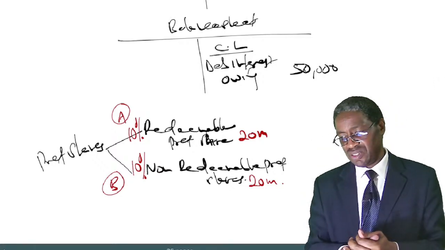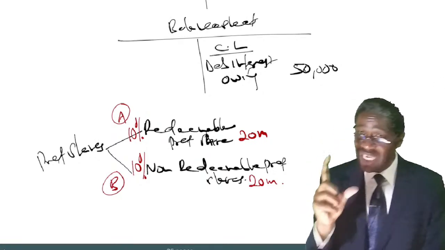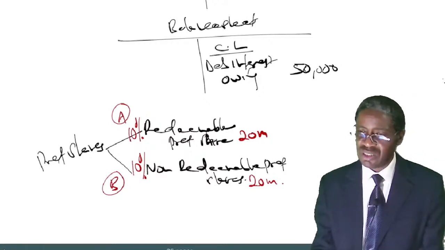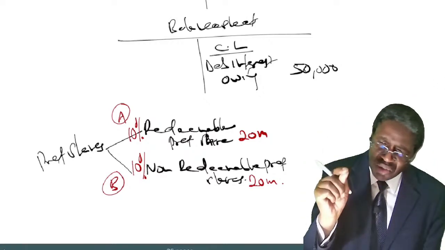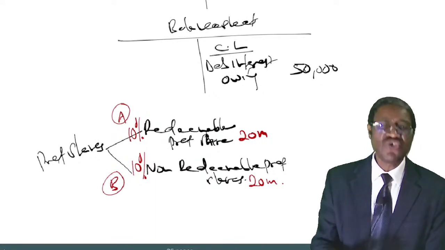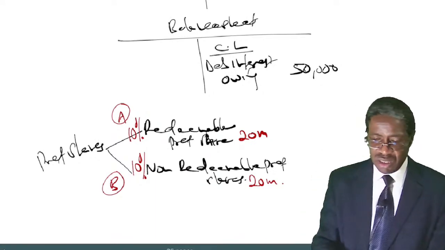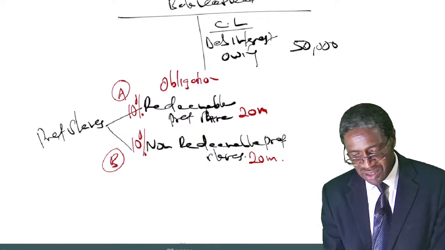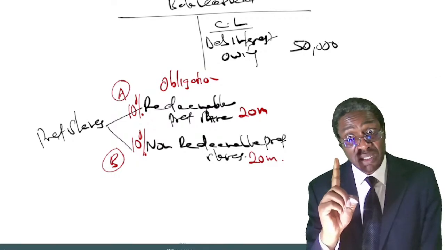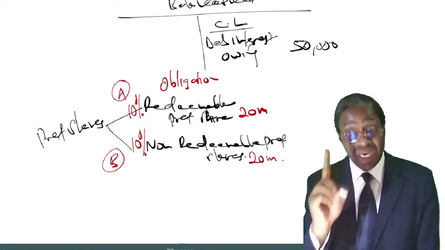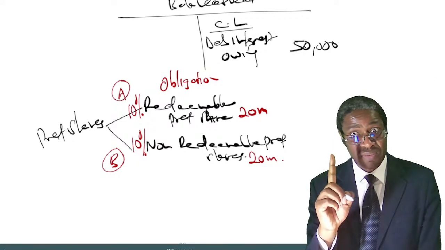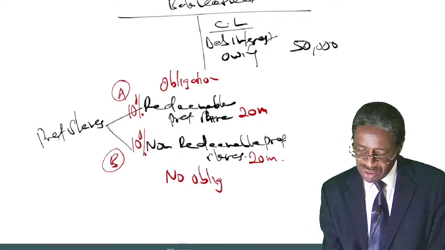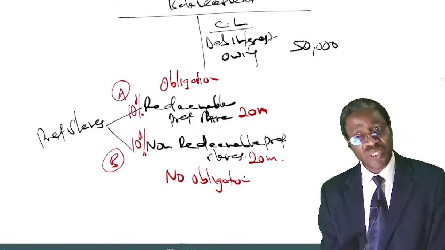So company A, the same day you issued the shares, incurred an obligation to pay back the 20 million. But company B had no obligation to pay back the 20 million.